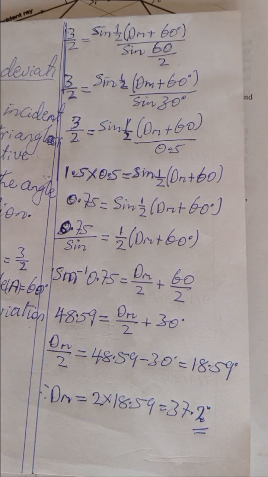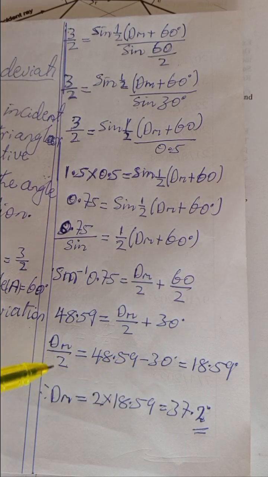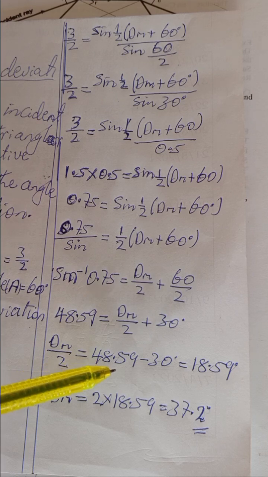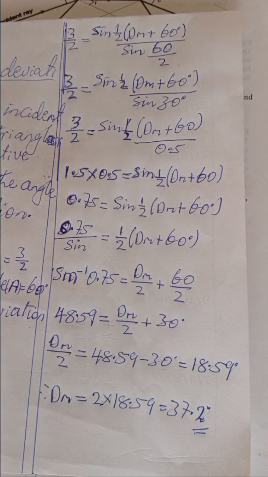Now if we continue, we collect like terms here. Collecting like terms, this 30 crossing the equality sign becomes minus. We have dm/2 is equal to 48.59 minus 30, which will give you 18.59.